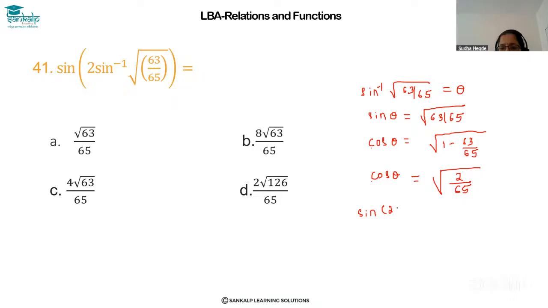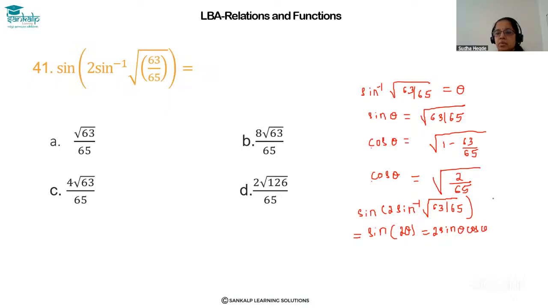Okay. Now, substitute in the given expression sine of 2 sine inverse root 63 by 65. Since sine inverse root 63 by 65 is theta, that is sine 2 theta, which is 2 times sine theta into cos theta.